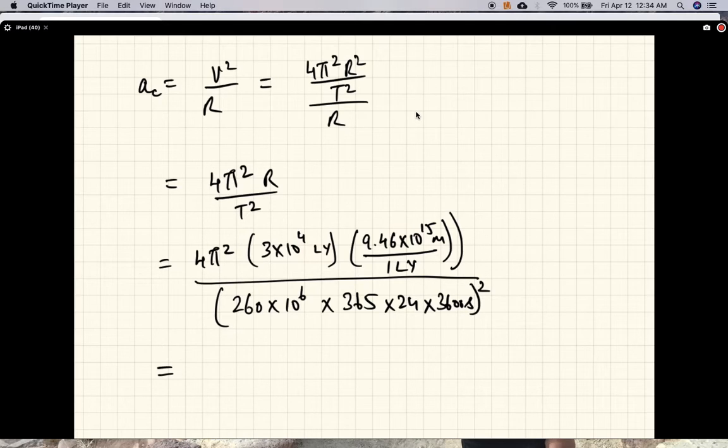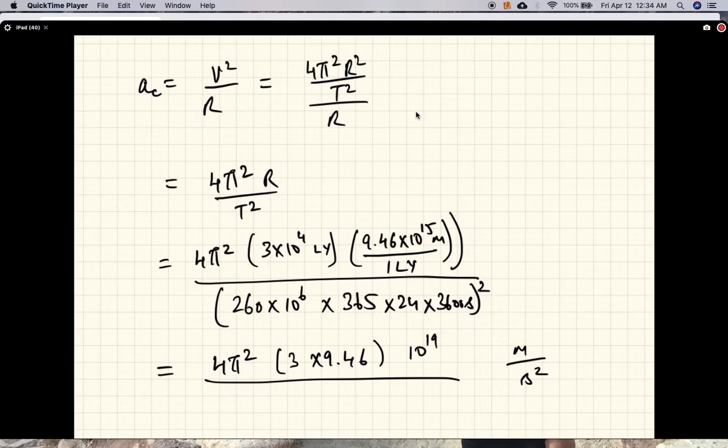Okay, so let's do this. 4 pi squared. Let's take care of the powers of 10. 3 times 9.46 times 10 to the power 19 in the numerator. And the units, as you can see, are meters per second squared. It's an acceleration.